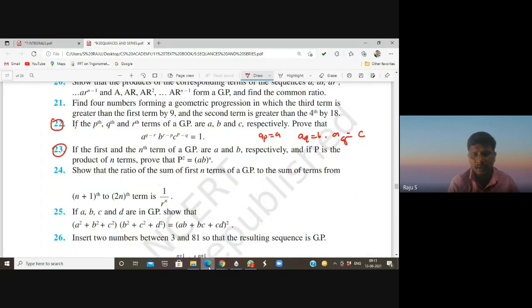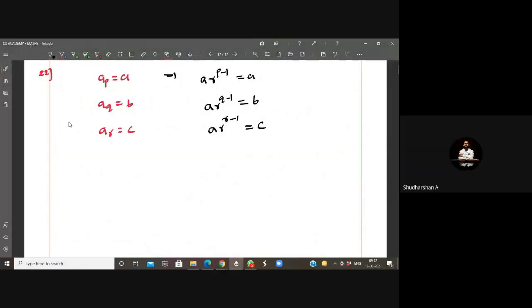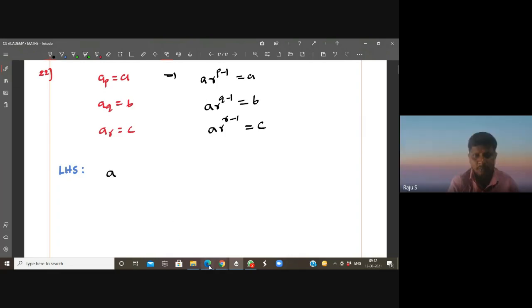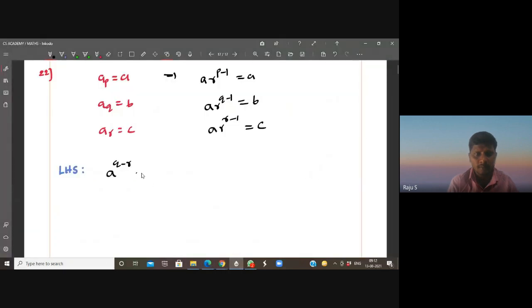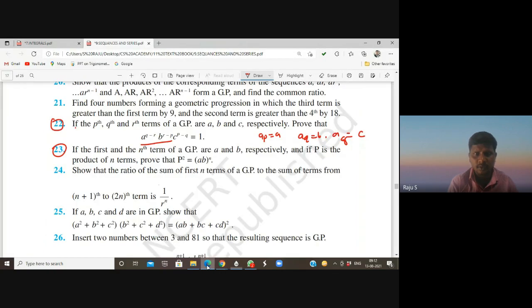Now see students, here take the LHS. What is the LHS? A to the power of q minus r, b to the power of r minus p, c to the power of p minus q. Am I right? This I'm taking as the LHS.